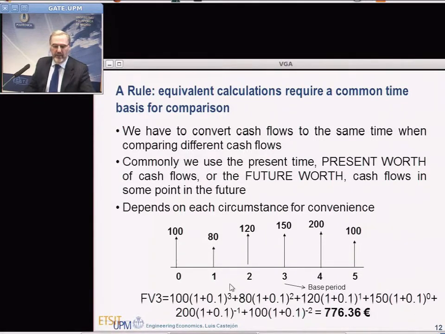The present value is 100 euros times 1 plus the interest rate to the minus 2 power. This is important because we are discounting, moving backward in history. I hope you understand this example because it's quite important for cash flow treatment.